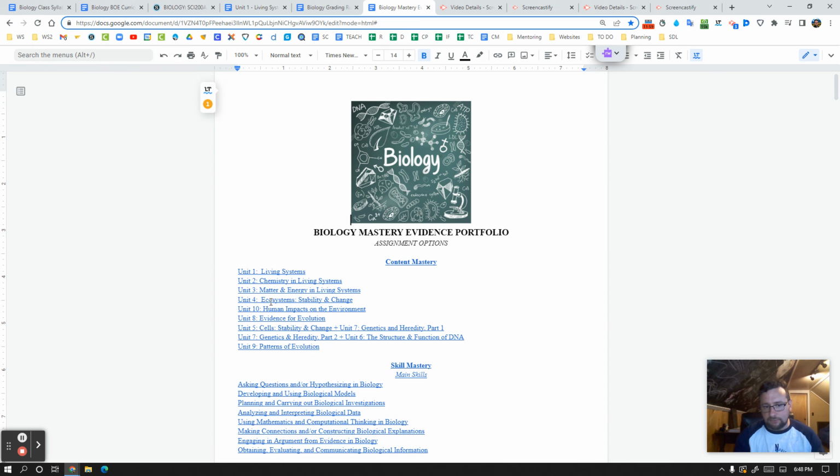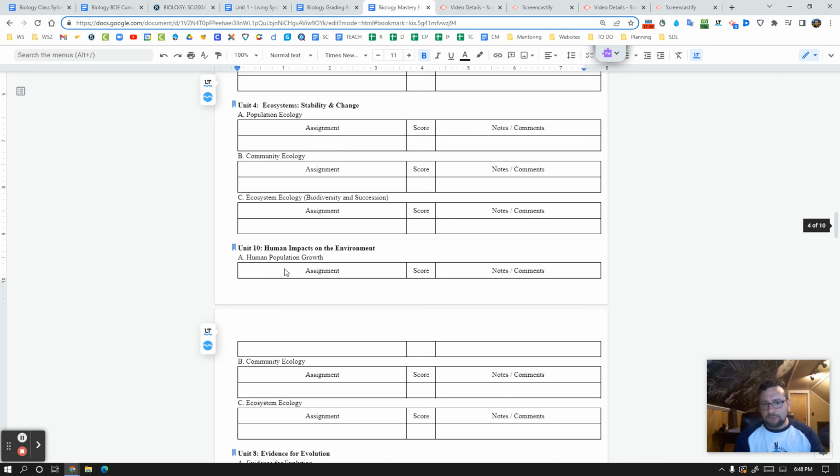And so if you pick a random unit, let's say ecosystems, you can see the different subtopics which are going to be in that unit. Population ecology, community ecology, and ecosystem ecology are the subtopics within the ecosystems unit. And these are the things that I have to certify each student on, these subtopics, right?